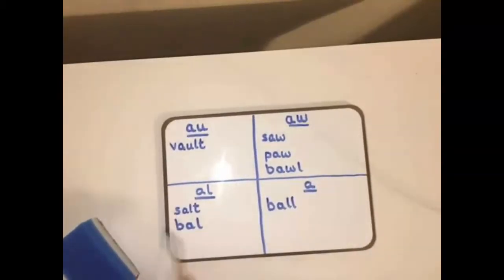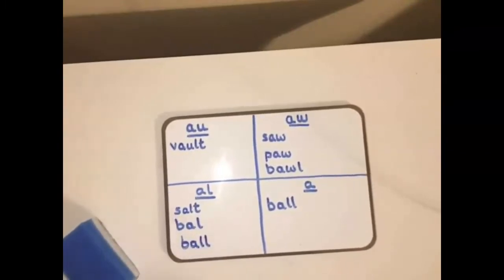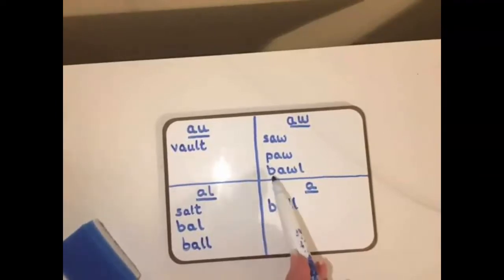But if you put this in this section, it makes sense because of the AL that is there, okay? But this is the ball that you bounce on the basketball court, right? Or the beach ball. So the two different words for ball have different meanings. This is crying really hard, and this is a ball that you play with.